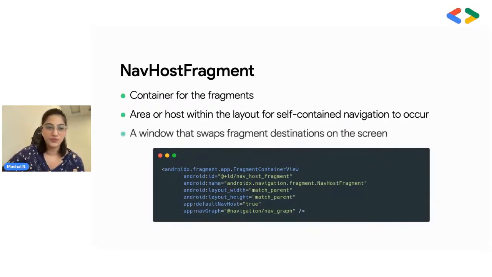So nav host fragment is what swaps in and out different destinations included in the nav graph. So when you navigate from one destination to another, nav controller swaps the current destination with the new one. Here, it's important to note that the default nav host fragment ensures that the system back button is intercepted correctly, and the nav graph attribute is what links nav host fragment with the navigation graph.